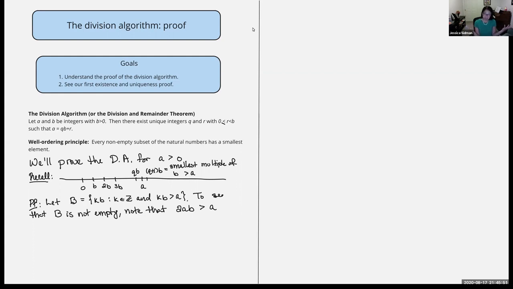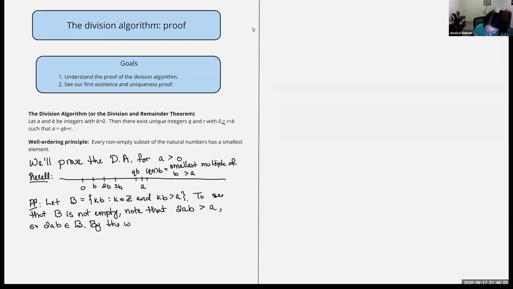So 2AB is greater than A, and is an integer, okay? 2AB is a multiple of B. So 2AB is in capital B, right?